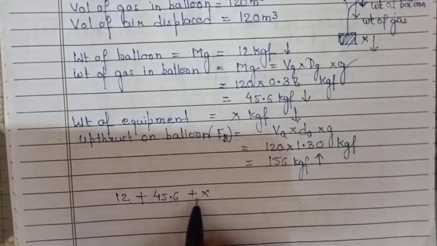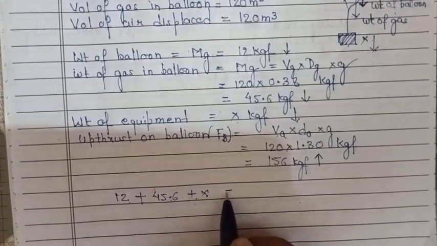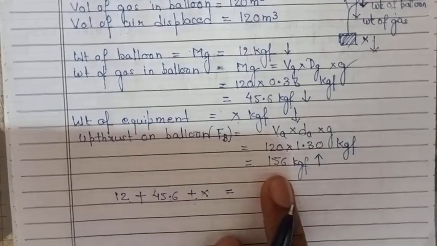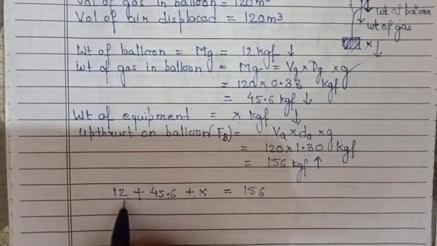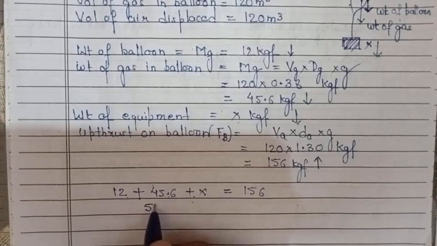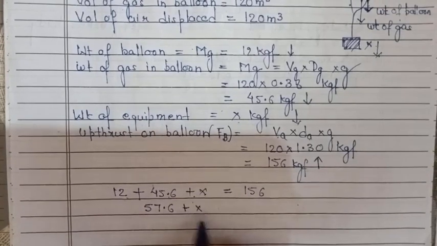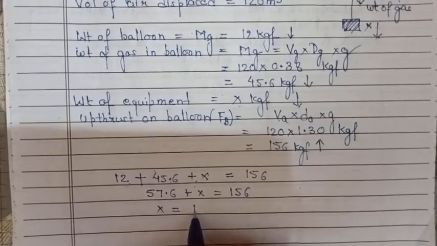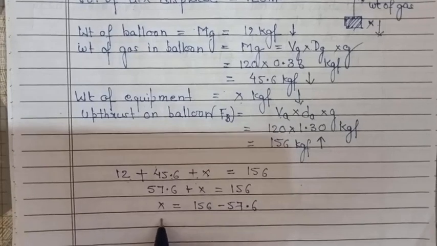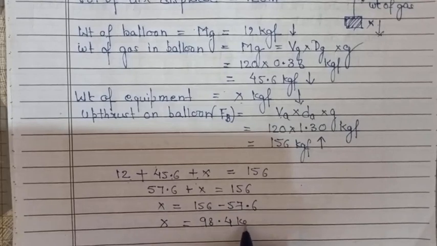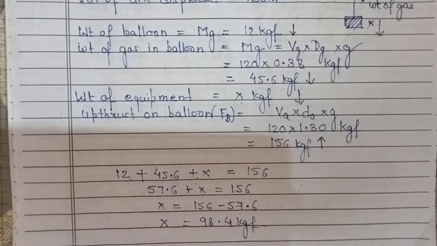So these 3 forces acting in the downward direction are balanced by upthrust, which is in the upward direction, so is equal to 156. So if we add it, we are getting 57.6 plus x is equal to 156. So x is equal to 156 minus 57.6. So this will give us 98.4 kgf. So this will be the value of x. Okay, it's clear to you now?